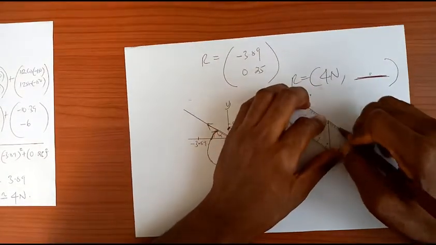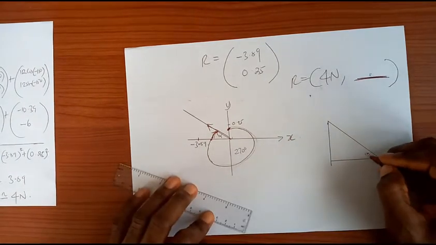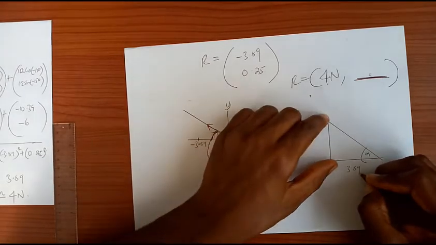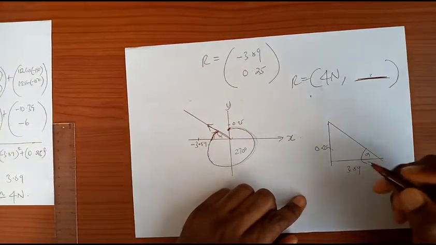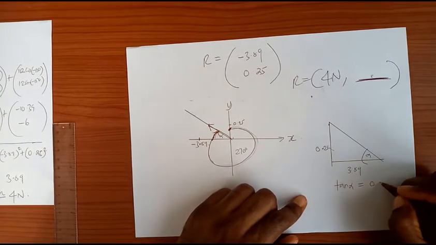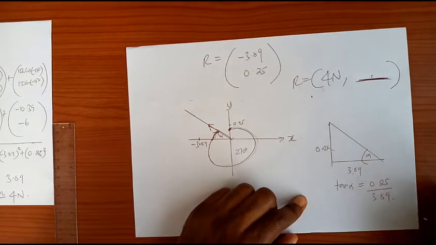Assuming that angle here is alpha. On my x I have 3.89, on my y I have 0.25. So opposite on adjacent. My tan of alpha is opposite, which is 0.25, over adjacent, which is 3.89.